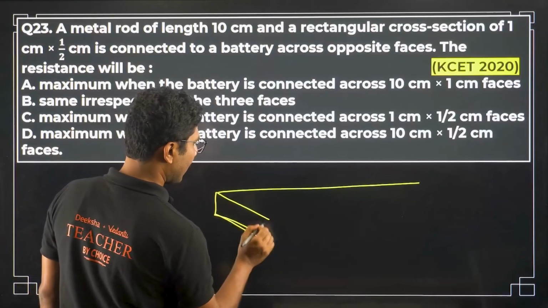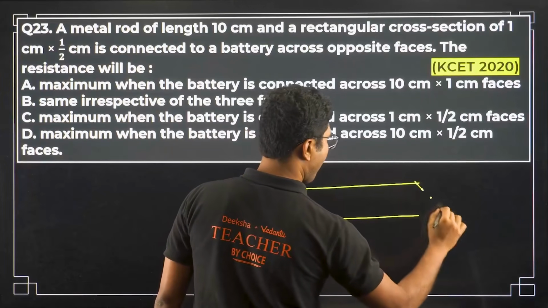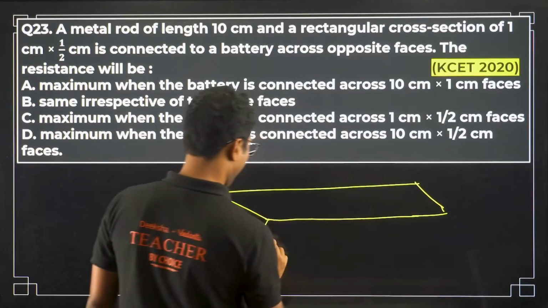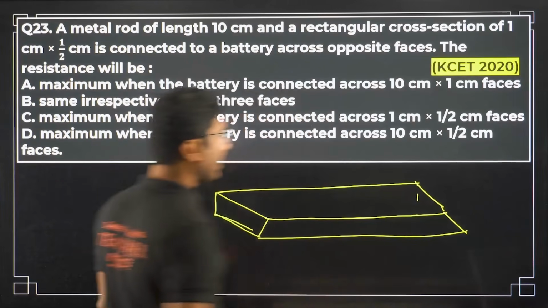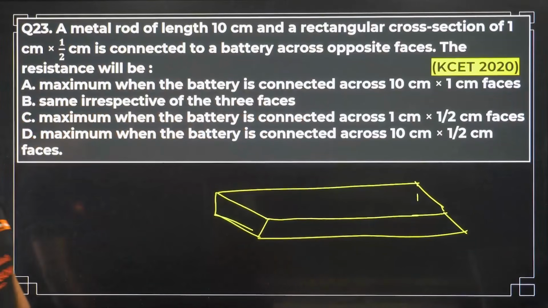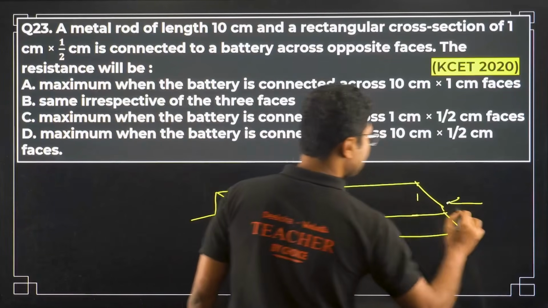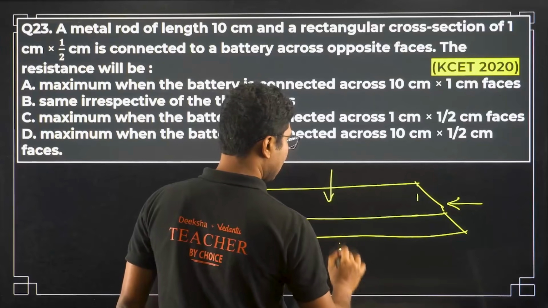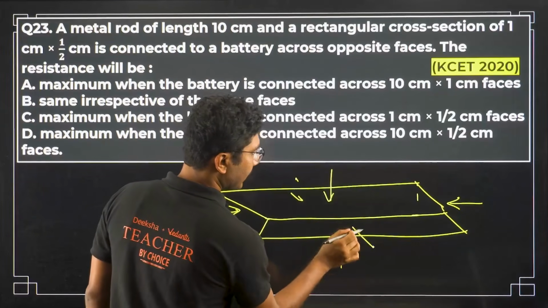So this is how the wire looks. Now you are connecting the battery. Either you can connect the battery like this or like this, or from that side to this side.